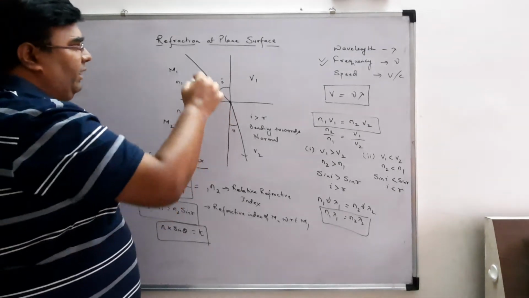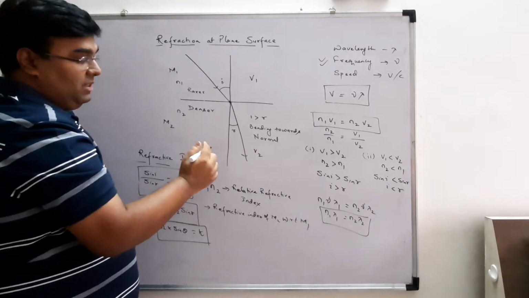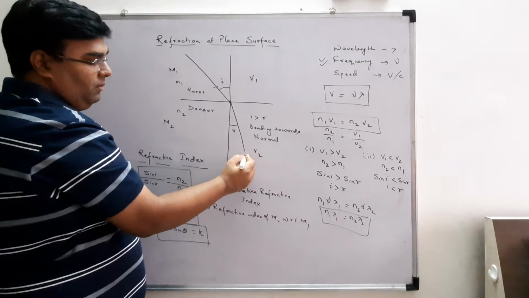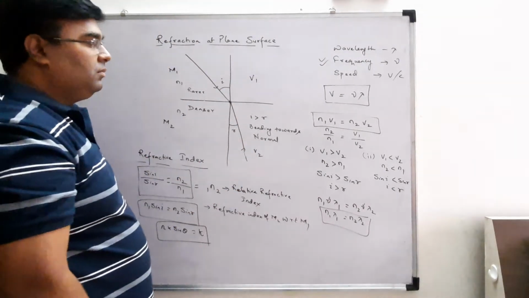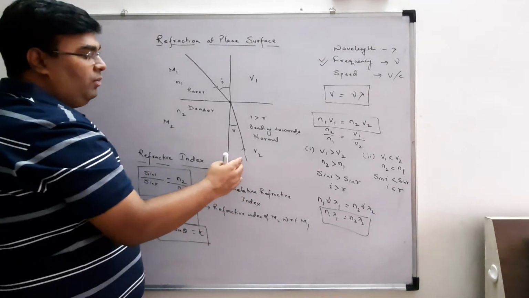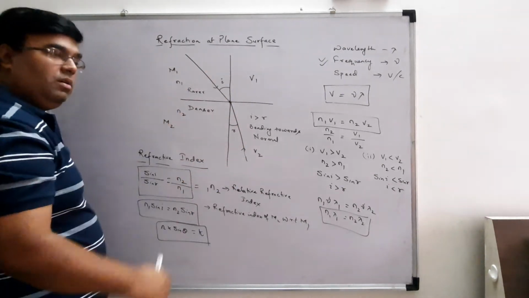Suppose light is traveling in this direction. If you reverse the direction, suppose starting from here, it will follow the same path. If you reverse the direction of light, it is now moving from denser to rarer, so it will bend away from the normal.